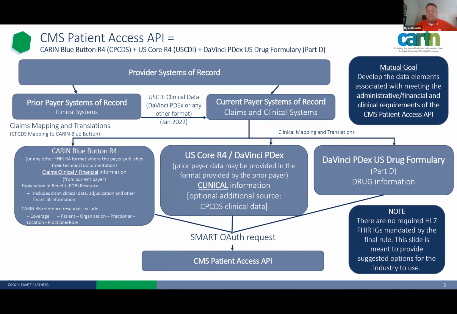And then two is they'll need to find an app that will build a custom interface to access that information from them. Both are important and required to be able to implement the CMS final rule. And so that becomes a little bit tricky because it kind of defies some of the things that we're trying to work for within healthcare, which is broad-based interoperability. So I did want to call that out here at the beginning.